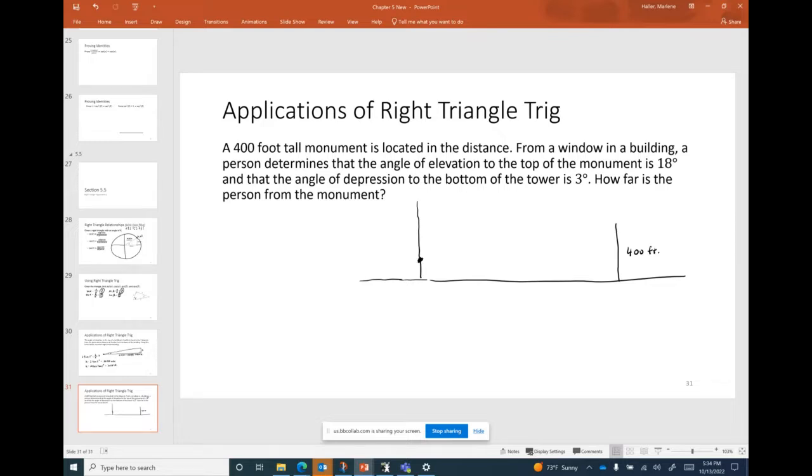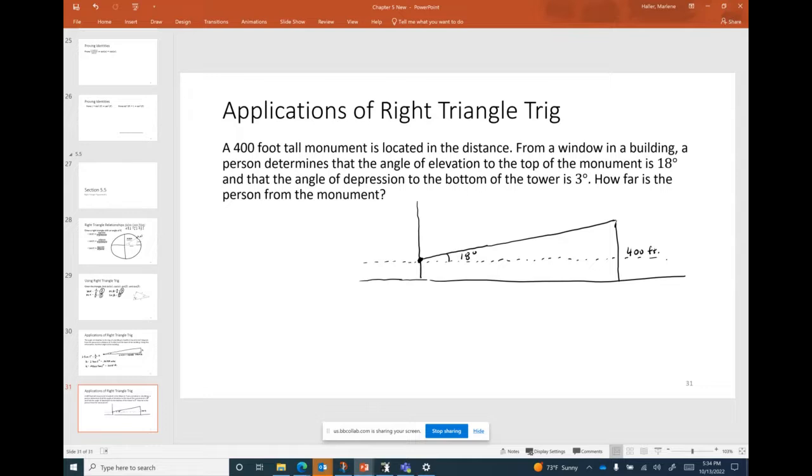So the angle of elevation to the top of this monument is 18 degrees. If I connect that window to the top of that monument, I'm going to need to sketch in a horizontal here, because the window is up above the ground some distance. If I sketch in another horizontal, then I can mark my angle of elevation as 18 degrees.